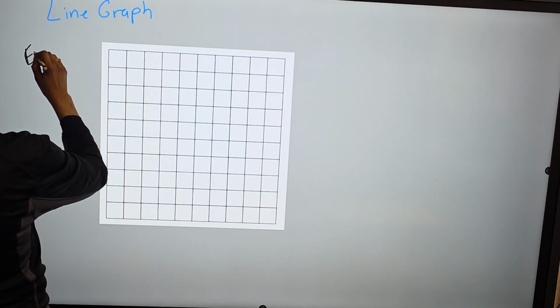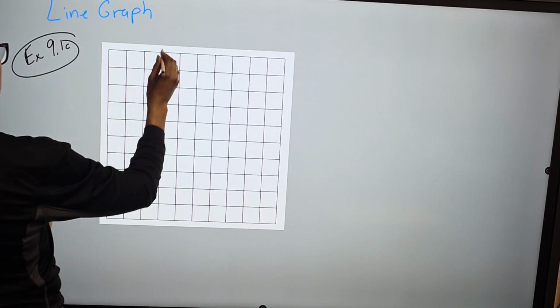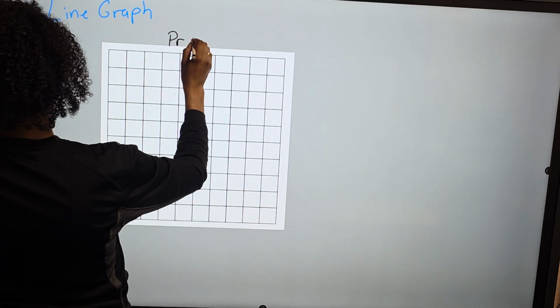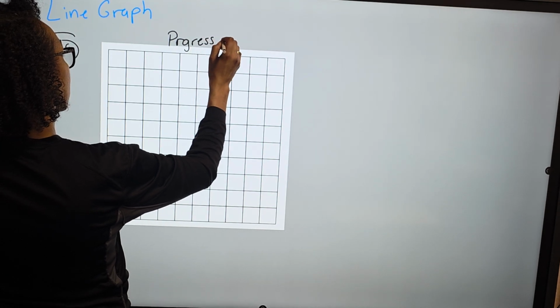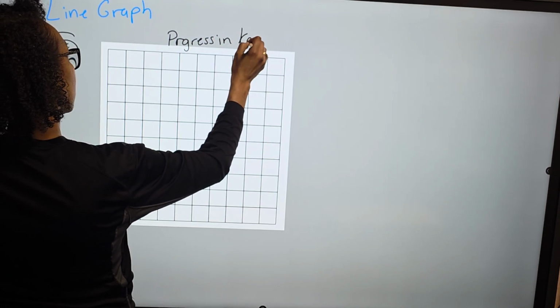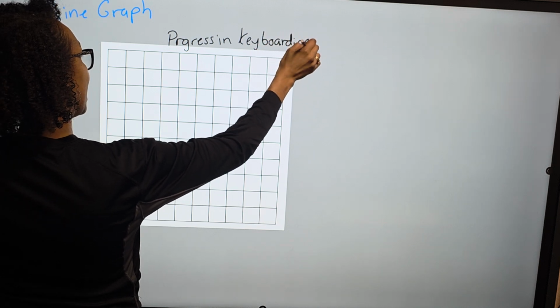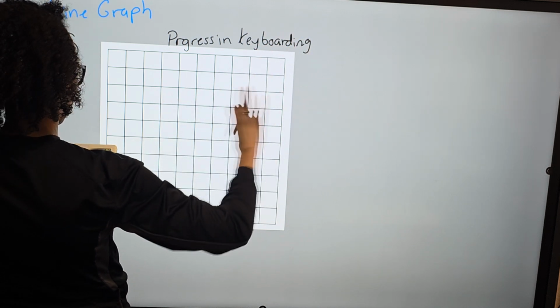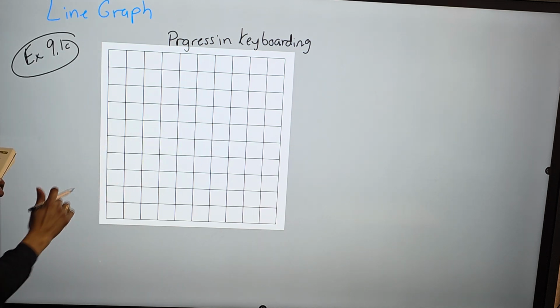We'll make this example 9.1c. And our title is Progress in Keyboarding. I may not be able to fit all of it on here because my little graph is not long enough.